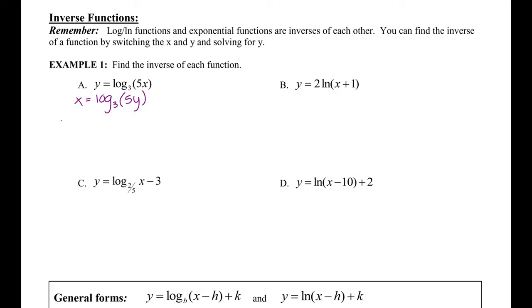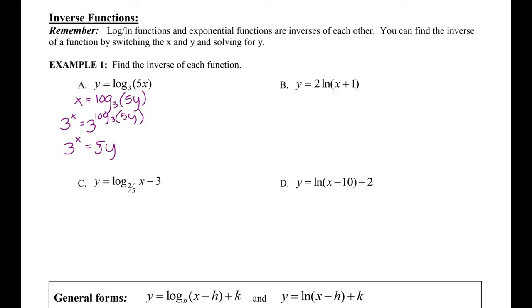So 3 to the x power is equal to 3 to the power of log base 3 of 5y. And because the right side has 3 raised to the power of log base 3, the right side of my equation equals 5y.